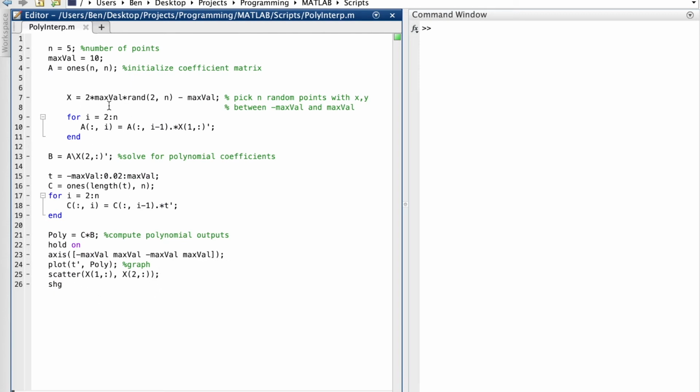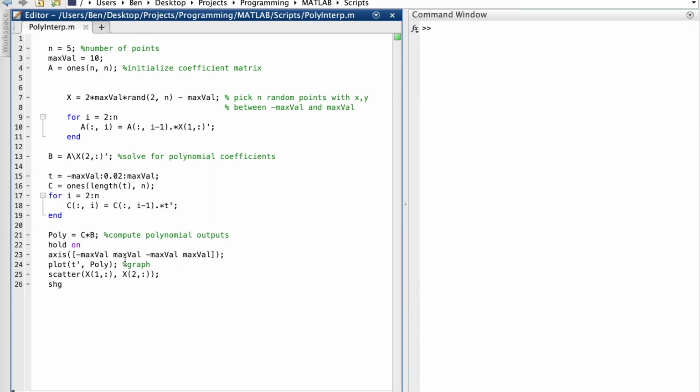So toward that end, I wrote this: we have n equals 5 as the number of points. So we can pick any number of points we want. We can pick the size of the interval, and it's going to set up our coefficient matrix for us. It's going to solve for those polynomial coefficients, and then it's also going to graph everything.